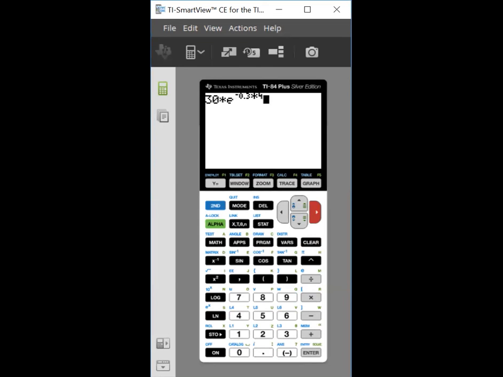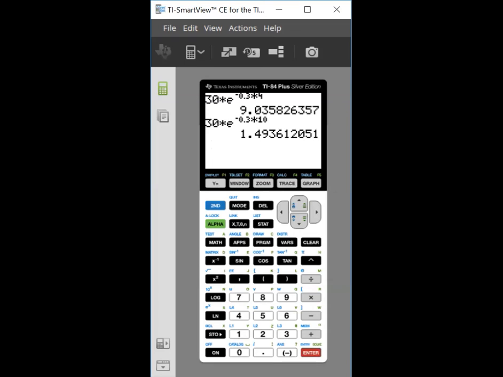Move the cursor down, enter. The first number is 9.0358. The second one, n prime at 10, is 30 multiplied by e to the power negative 0.3 times 10. Enter to get the value 1.4936.